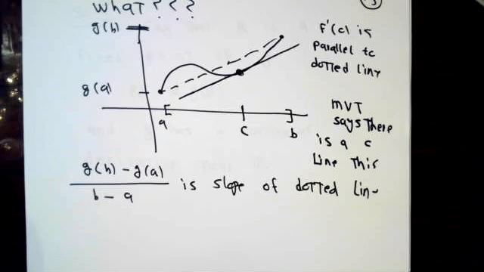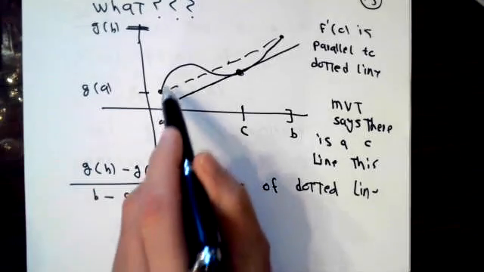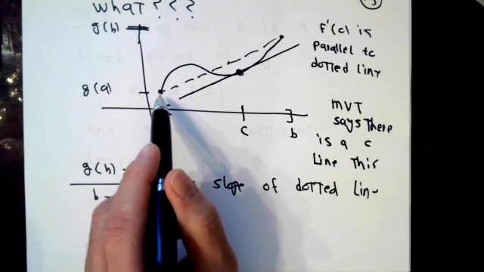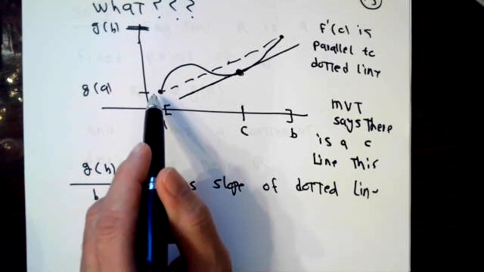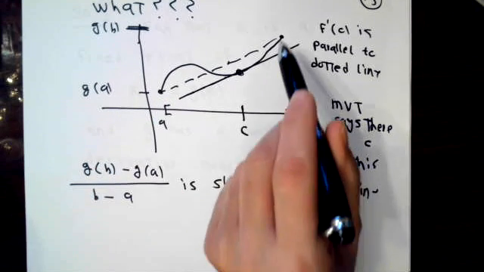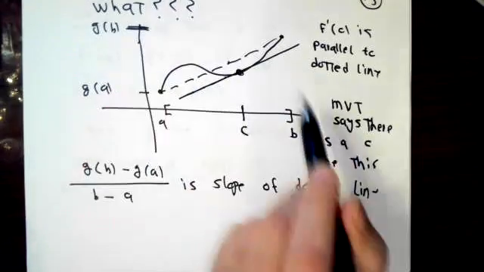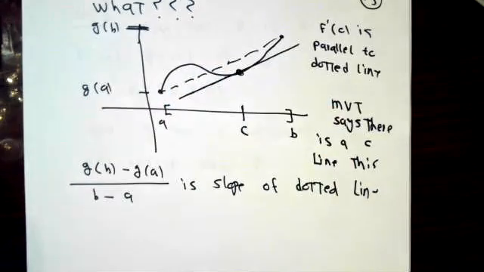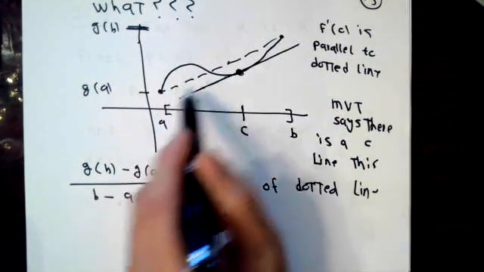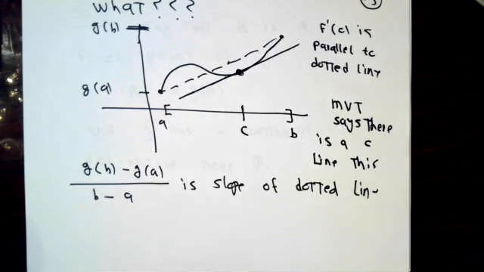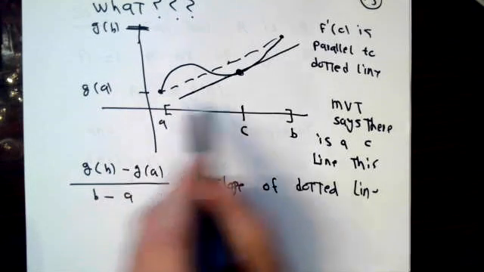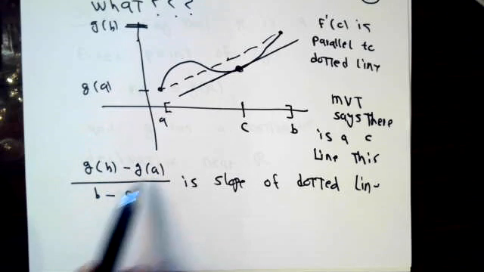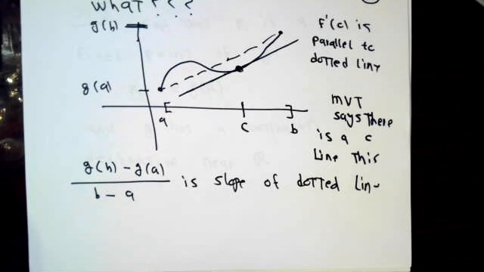What in the world? So imagine that you've got the graph of function g. On one end, I've got x equal a and y equal g of a. On the other end, I've got x equal b and y equals g of b. The slope of the dotted line that connects this end to that end is g of b minus g of a over b minus a.